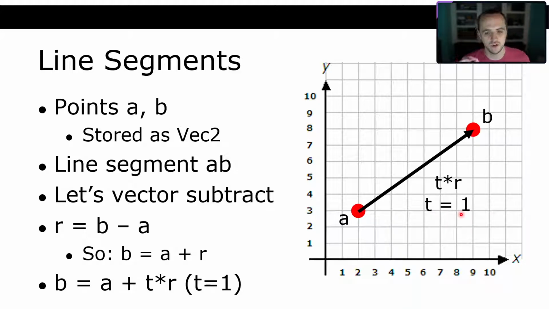Now you can also scale a line segment or a vector by a negative value. If you scaled this by negative 0.5, you would get something like this, because you negate the x, you negate the y, so you're just heading in the opposite direction. But we don't need to worry about that case for right now.